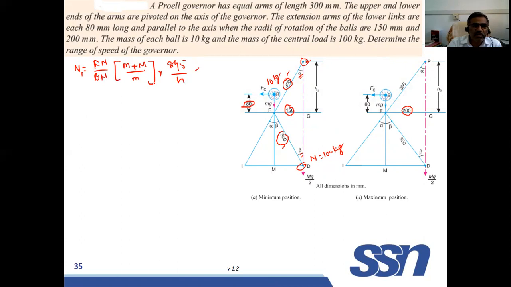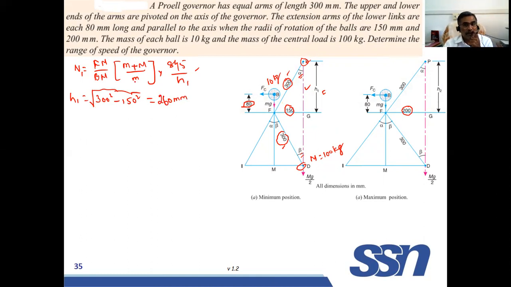Now we have to calculate one by one. First, let us calculate the value of h. Let this be h1, this distance PG. h1 is equal to the root of 300 squared minus 150 squared, which gives h1 equal to 260 millimeters.